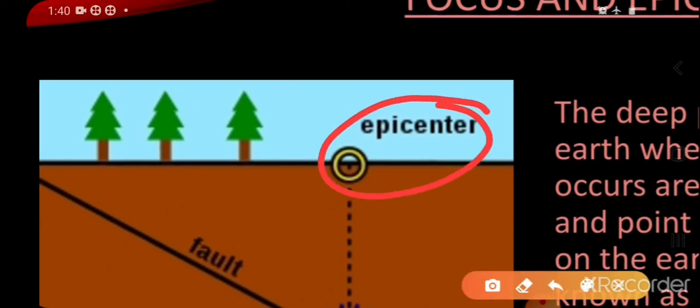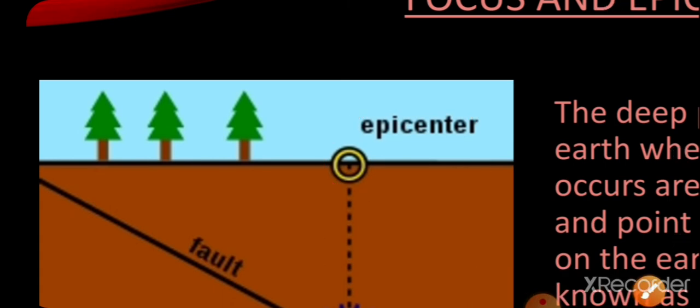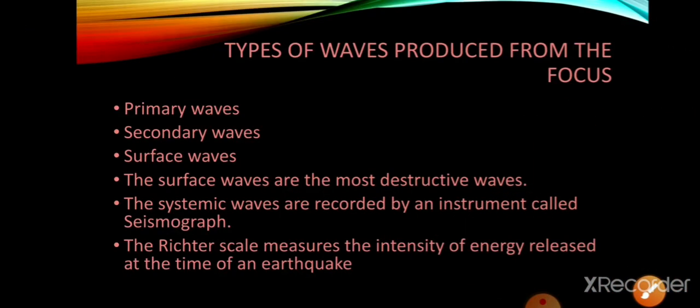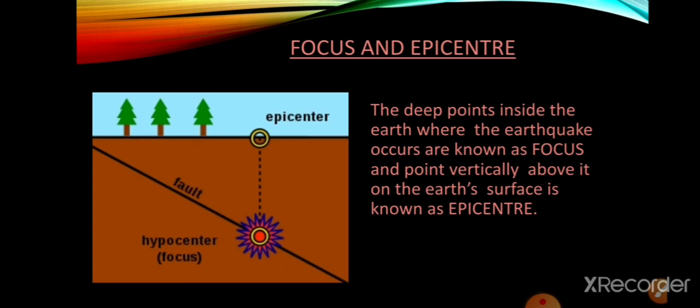From the focus to epicenter, the tremor waves or the seismic waves will reach. Okay, then we can say that the deep point inside the earth where the earthquakes occur is known as focus, and the point vertically above it on the earth's surface is known as epicenter.